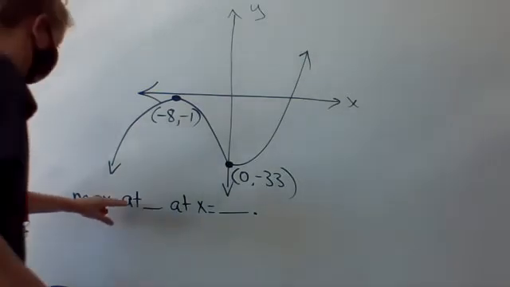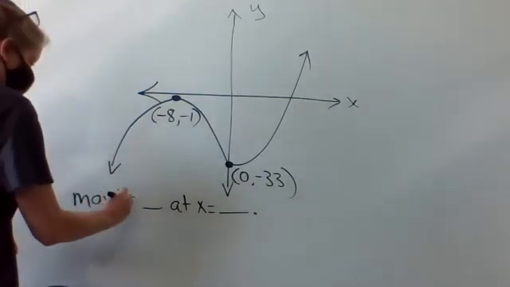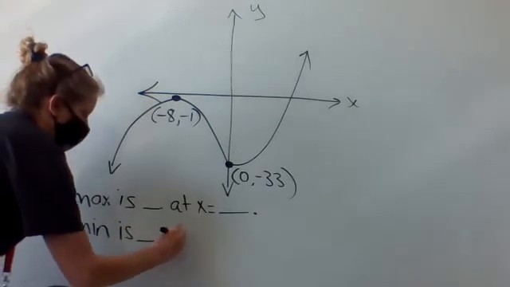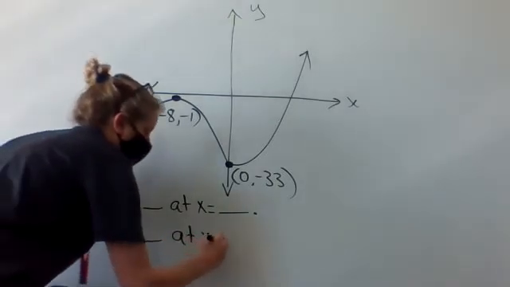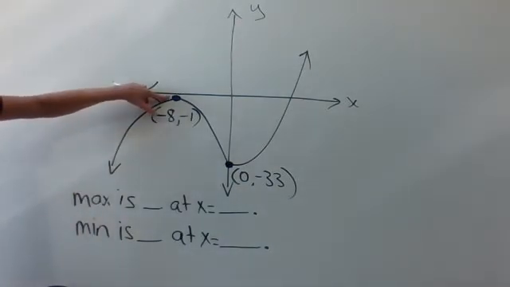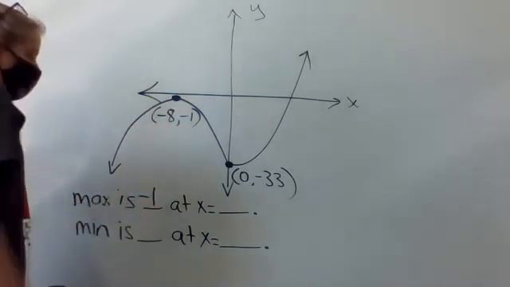And then it's going to ask the same thing about the minimum. The minimum is what? And it occurs at x equals what? So here's my maximum. What's the maximum value? When you're talking about the maximum, you're talking about the y coordinate. So my maximum value is -1.